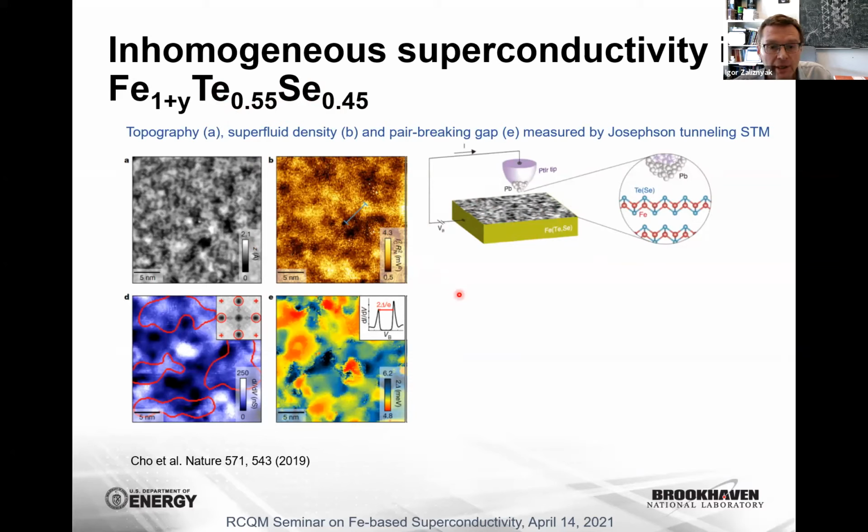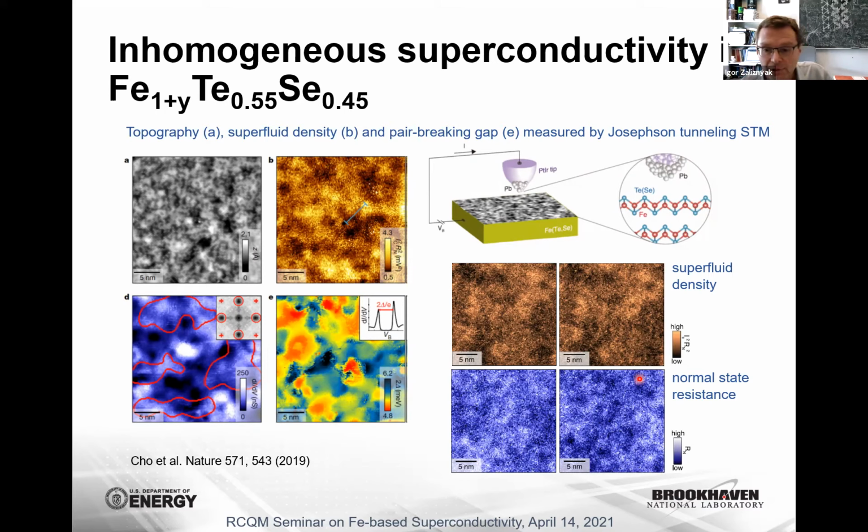So panel B here shows the distribution of the superfluid density, while below, panel E is the inhomogeneous distribution of the superconducting gap measured by Josephson STM on the surface of this material. And in fact, the inhomogeneous superfluid density is also accompanied by inhomogeneous normal state resistance on the surface. So the superconducting properties of this material and the electronic properties seem to be substantially inhomogeneous as measured by STM.